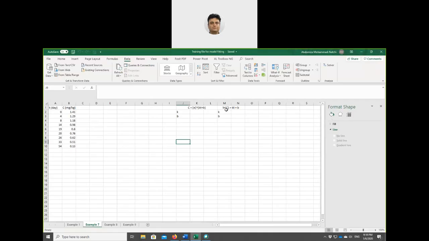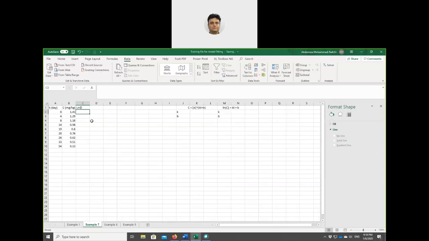In the linear part, we have time and concentration. I want to draw a figure of ln c over t, so I need ln concentration.